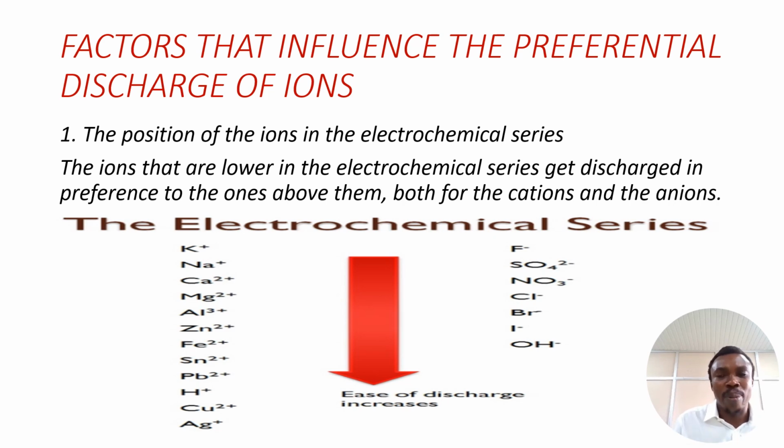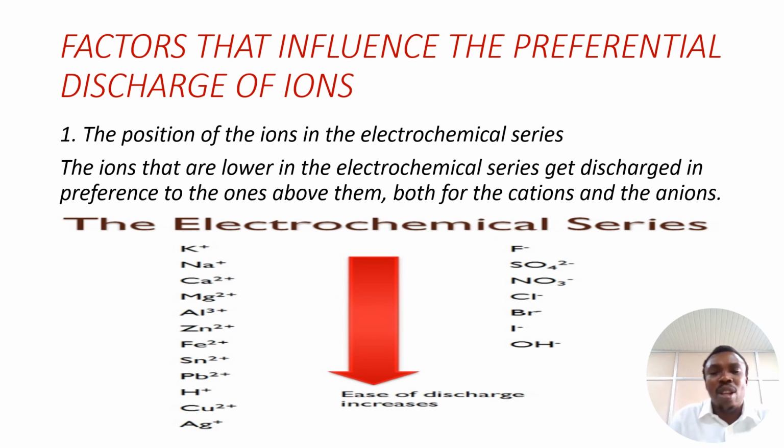For the cations at the cathode, if two positively charged ions are competing for discharge, the one that is lower in the electrochemical series, that is less electropositive, is the one that will be preferentially discharged, because such an ion can easily undergo reduction, and reduction takes place at the cathode. So it has a greater tendency to undergo reduction, so it can be easily discharged.